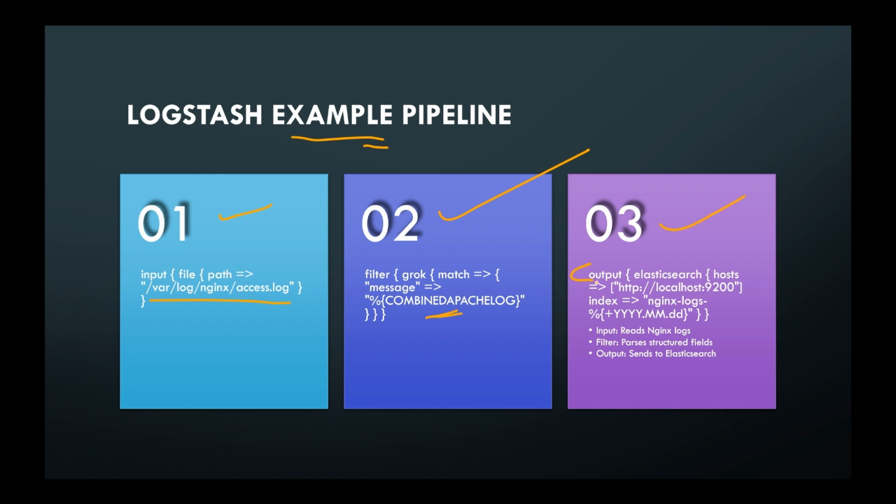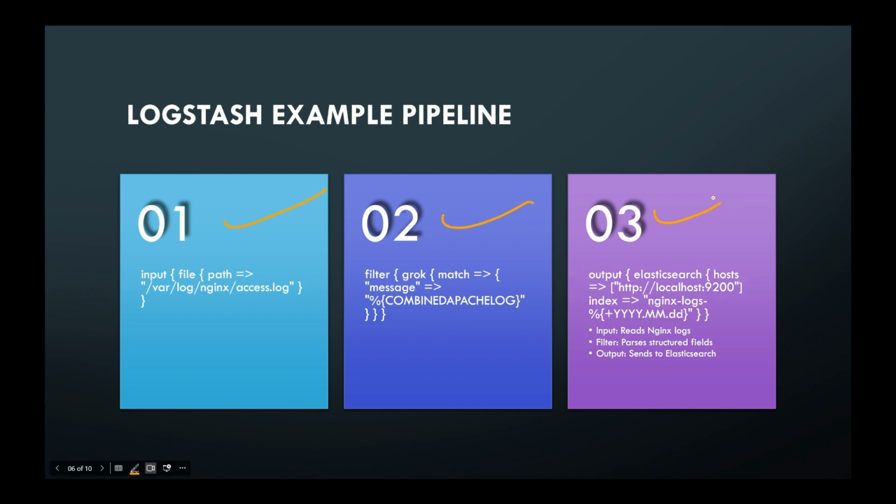The data is sent to Elasticsearch, where it can be searched and visualized. You can see here the host details, and then index details. The index is nginx-log, and then timestamp.